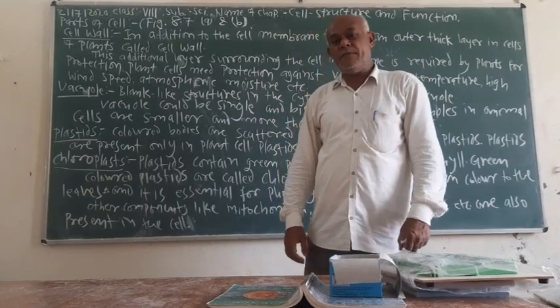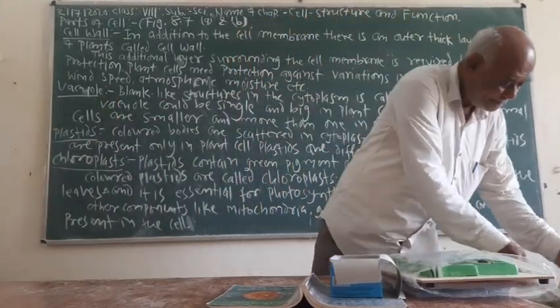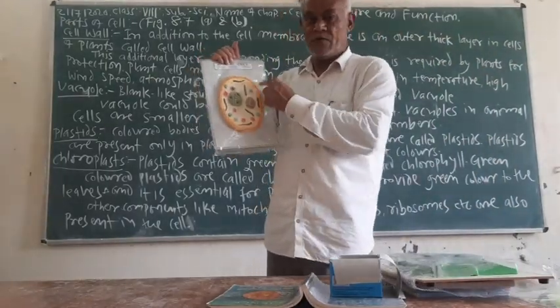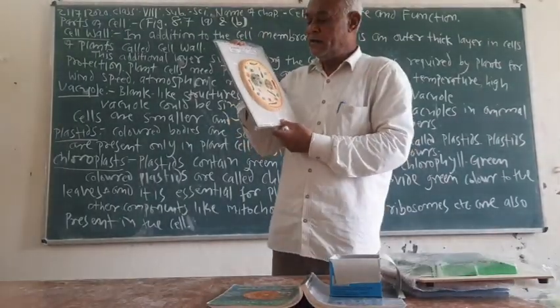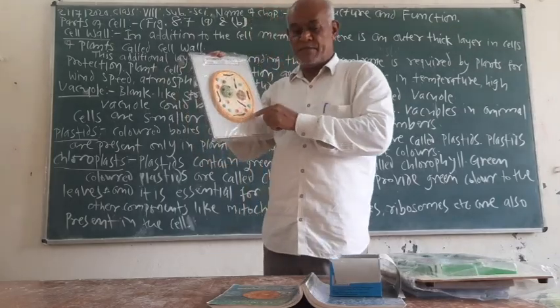Another part of the cell is called the vacuole. In the animal cell, there is no cell wall, no outer thick layer surrounding the cell membrane or plasma membrane.